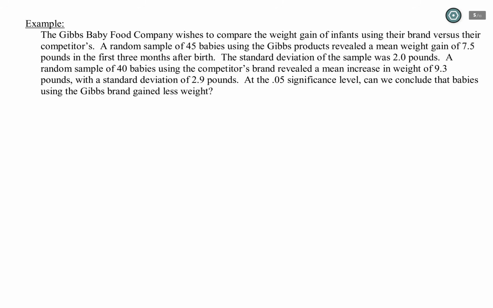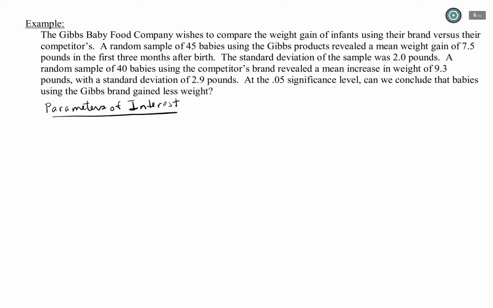Okay, so after you have read this example, I want us to first identify the parameters of interest. There's actually two of them here. Notice we have two populations. One is all babies that would use Gibbs food, and the other is all babies that would use the competitor's food.